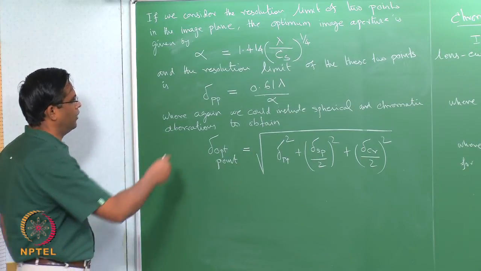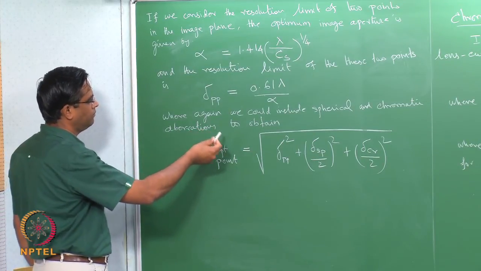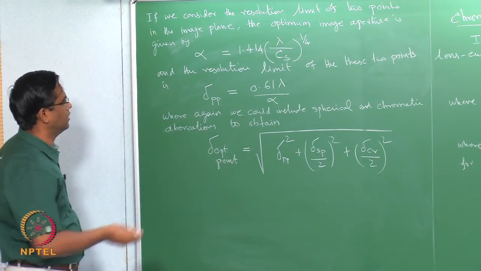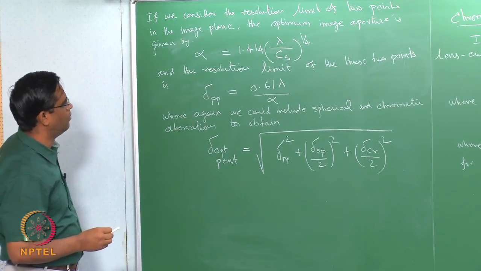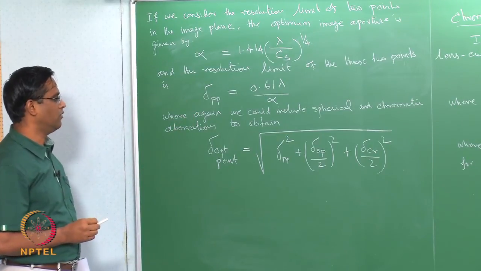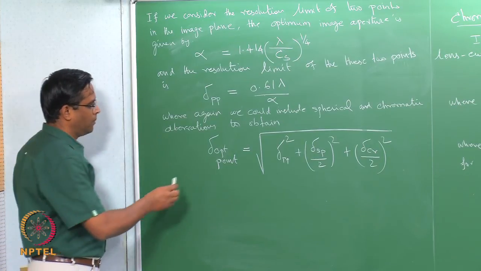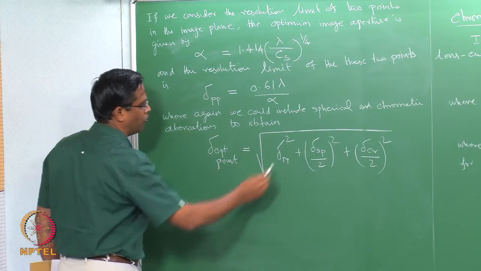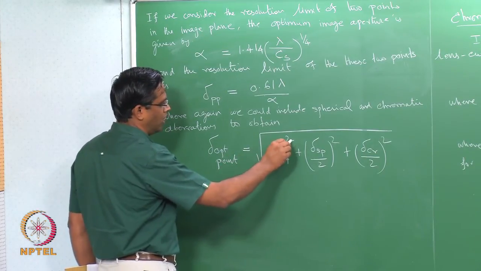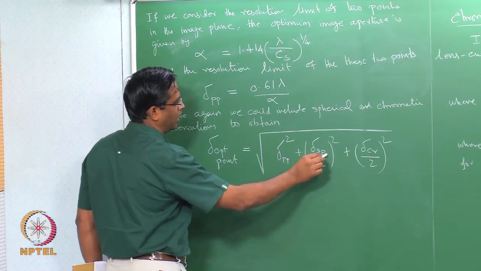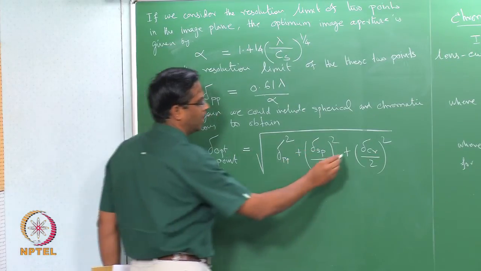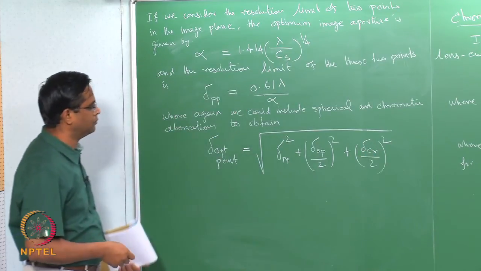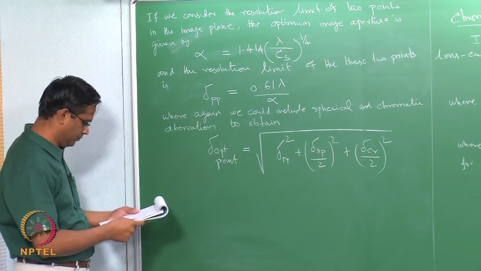So, if you include the spherical and chromatic aberration expression into this, the point to point disk of least confusion, then you obtain delta optimum point equal to square root of delta PP square plus delta SP by 2 whole square plus delta chromatic divided by 2 whole square.